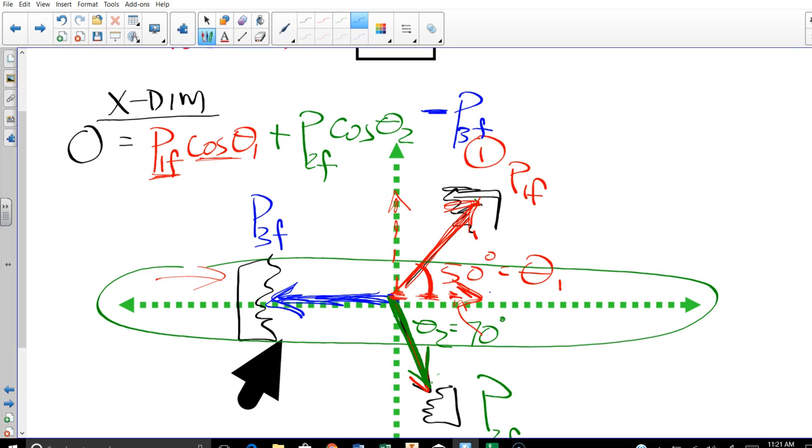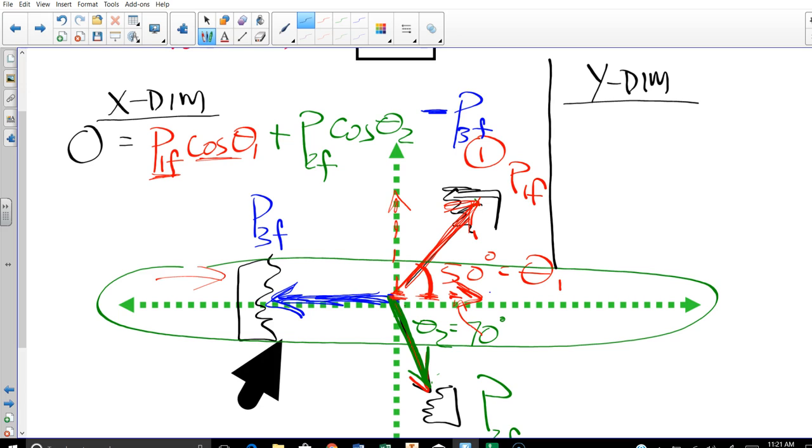All right, what about the y dimension? Could you write it? So here's what you should do. If you're watching this at home, you should pause the video and then try this on your own, a similar expression. If you're in class, you should try to beat me here. You should work a little bit ahead of me. I will say this, that in this situation, I can't stress this enough, the initial momentum is 0.